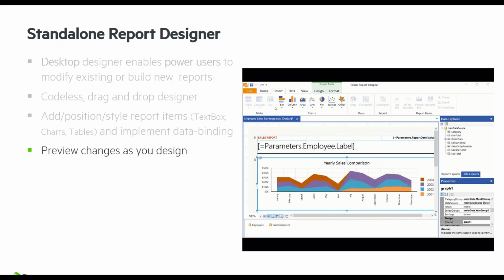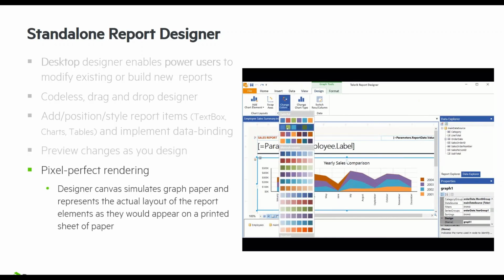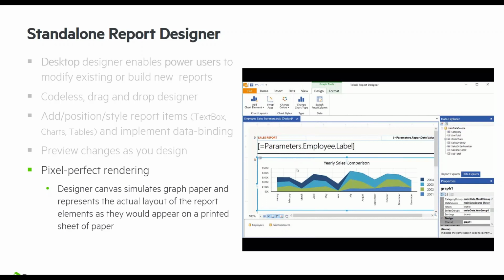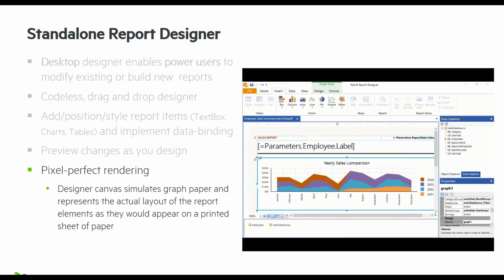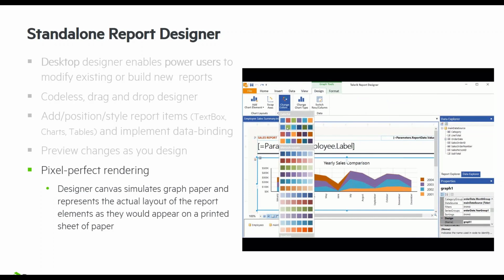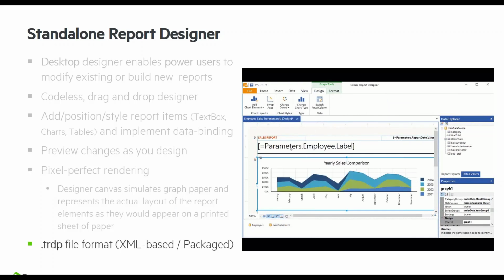As you're doing all this, you have a preview button, and you can preview these changes as you're designing right on the desktop. We worked really hard with this designer to ensure that, because it has snap-to positioning and rulers, you can make sure that when you design your report, it's exactly the way it's going to render as a PDF or a print locally for your end user.